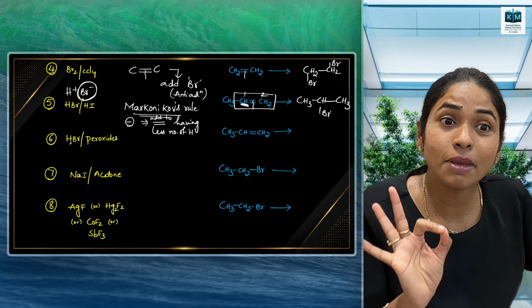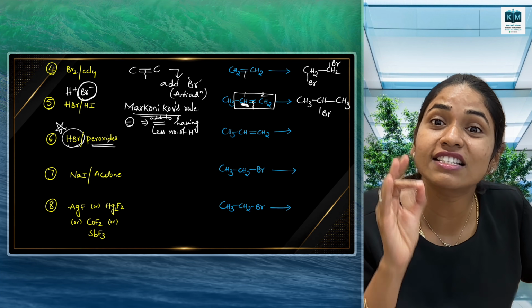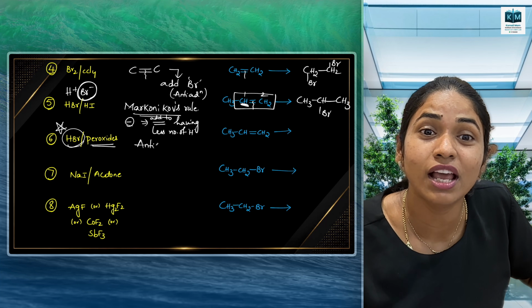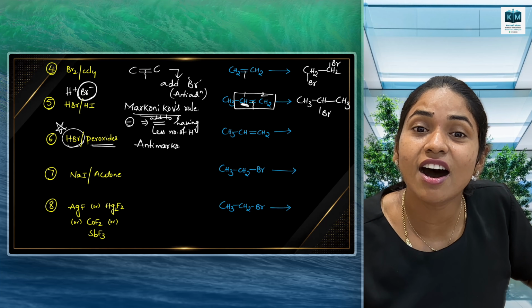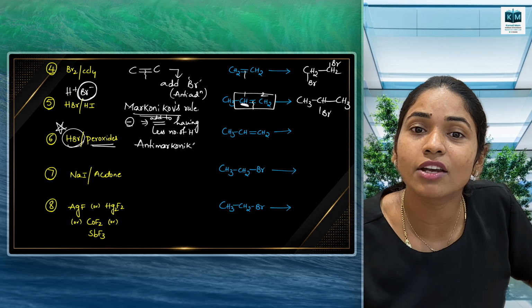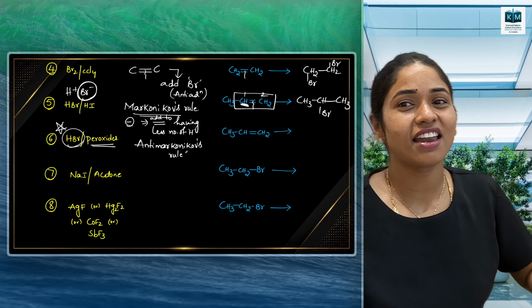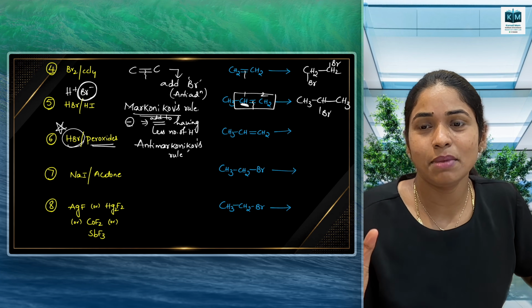But HBr, only HBr, in the presence of peroxides, shows anti-Markownikoff's rule. What is the rule? Anti-Markownikoff's rule. What do you have to do? How will HBr break? It will follow the free radical mechanism.